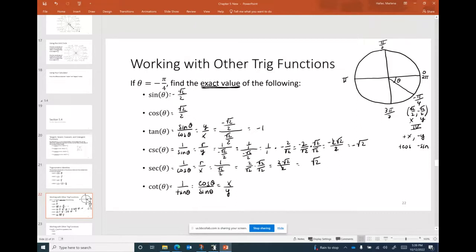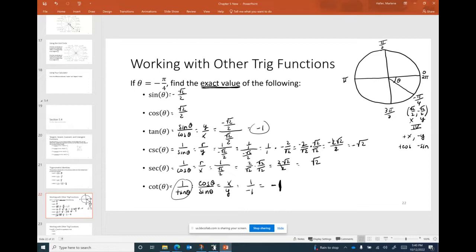Which version do I want to use? I think I want to use the easiest version. Up here I see the tangent is negative 1. Since the cotangent is 1 over the tangent, it would be 1 over negative 1. It just so happens that for this particular angle, the cotangent and the tangent have the same value.